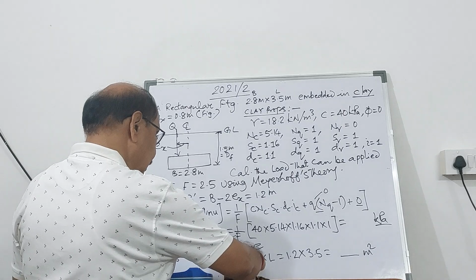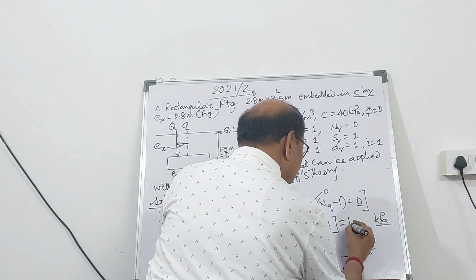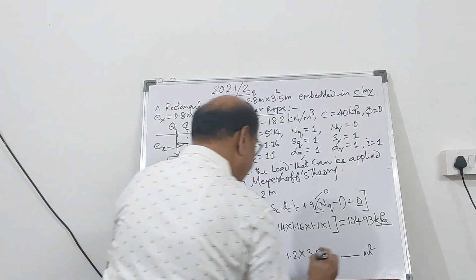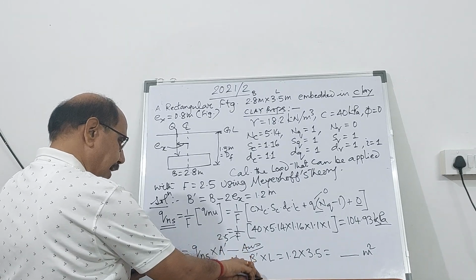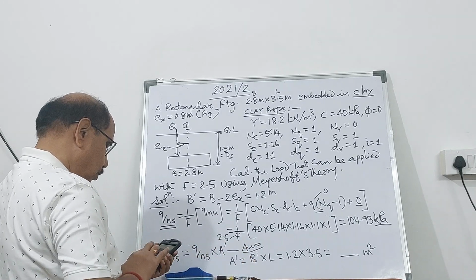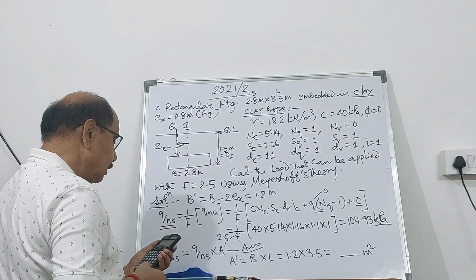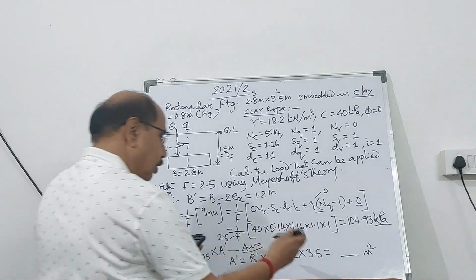I am getting 104.93 kilopascal, and the area I am getting 1.2 multiplied by 3.5, 4.2 square meter.